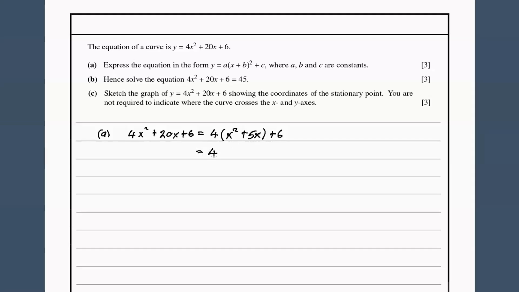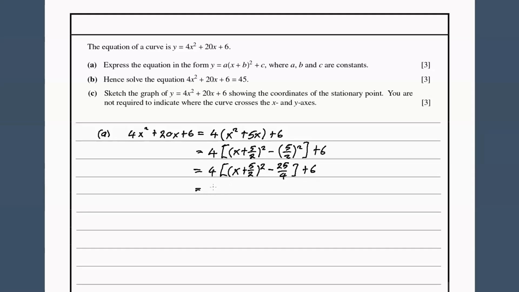Now we complete the square, so it's 4 of open bracket x plus half coefficient of x, that's 5 over 2, close bracket squared, and it's minus the 5 over 2 squared, close bracket, and it's plus 6. So 4 of x plus 5 over 2, close bracket squared, and it's minus, here that will be 25 over 4, close bracket, plus 6.